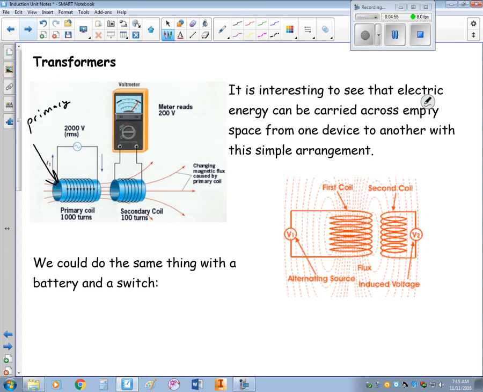That magnetic field extends out into space, and if there's a nearby coil, which I'll call the secondary, it will influence the electrons in that coil of wire, causing the electrons to move, inducing a voltage. So we can carry electricity across empty space. And that's something that's really interesting and very important.